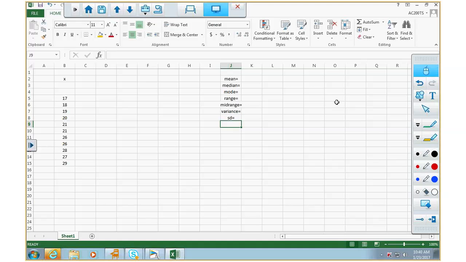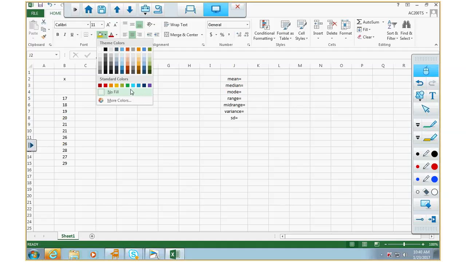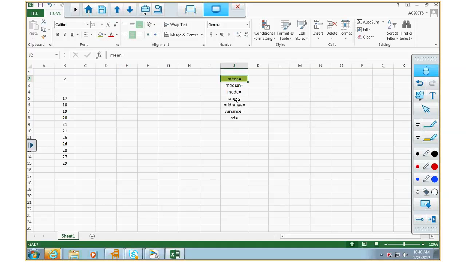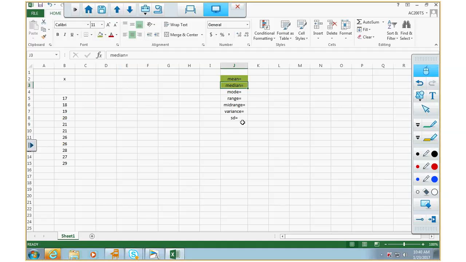Now remember, there's 2 or 3 numbers in here that are very important. I'm going to highlight them and color them green for important. Median is important, and the mid-range is important.